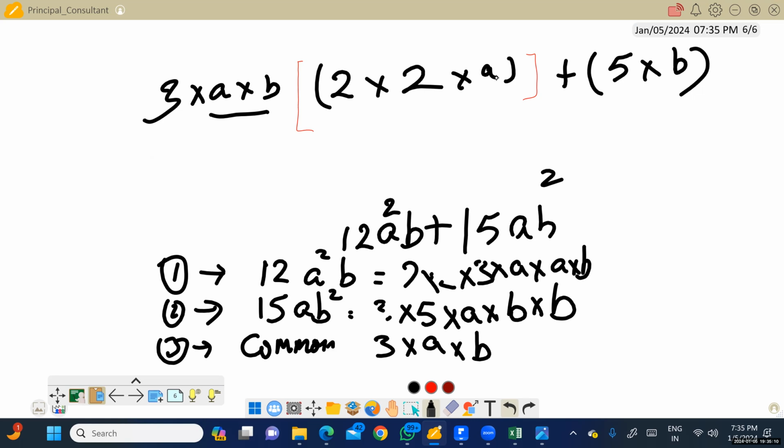See, now 15. This is 3 into 6 into 12A square B, 3 into 15AB square. Okay, this is the way we can see. Keeping this as common.